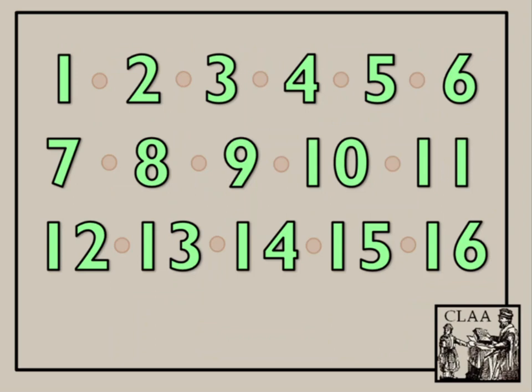And so far in Petty School Arithmetic, we've learned all of these numbers. Let's read them together, and you point to each one as we read it. 1, 2, 3, 4, 5, 6, 7, 8, 9, 10, 11, 12, 13, 14, 15, and 16.